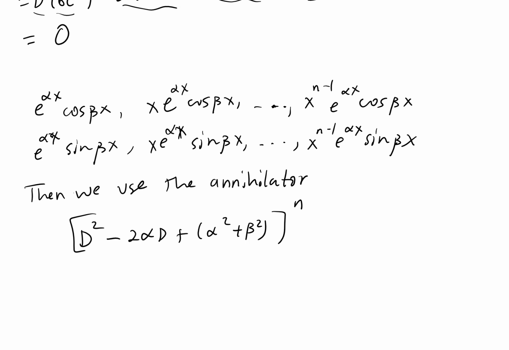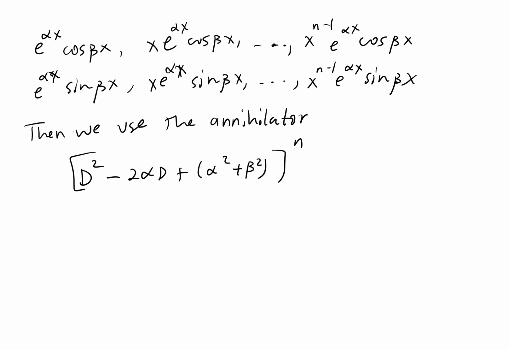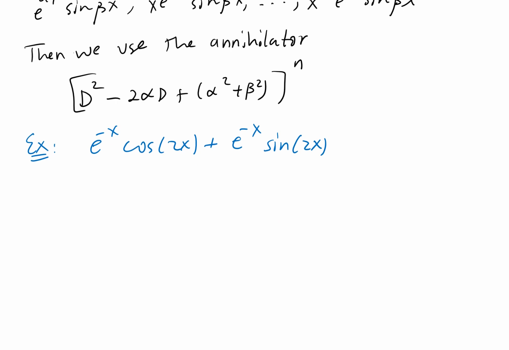So as you can see, alpha is the power or the exponent of e, and beta comes with the angle, either sine or cosine. For example, for e to the negative x cosine 2x plus e to the negative x sine 2x, what would be the annihilator here? Well, look what alpha is.